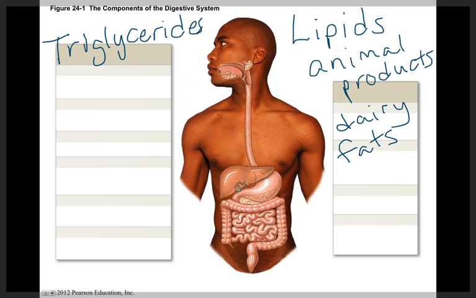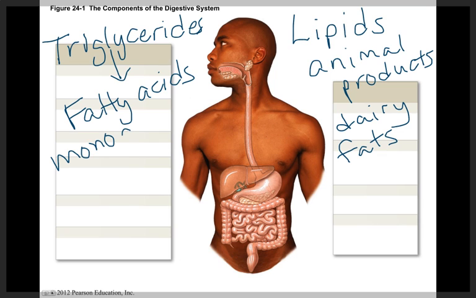The triglycerides are going to get broken down into smaller units, such as fatty acids and glycerol or monoglycerides. And then we'll be able to absorb those into the body as well.